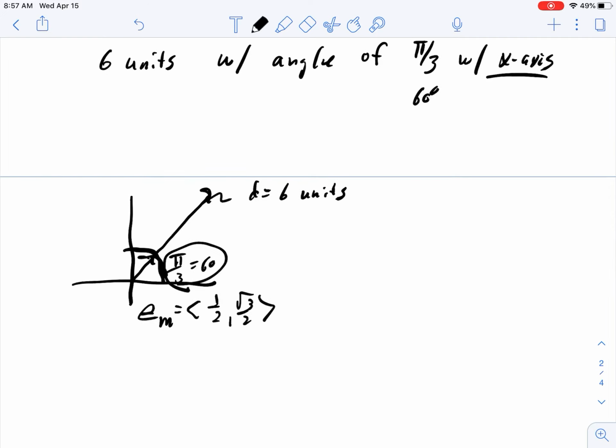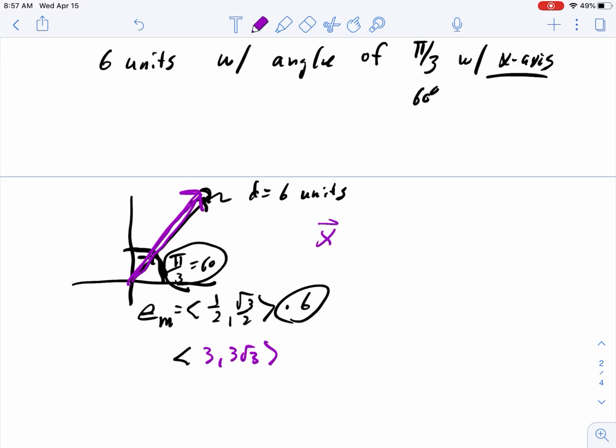So all you have to do is multiply it by your magnitude, 6. And therefore, your new components would be 3, 3√3.